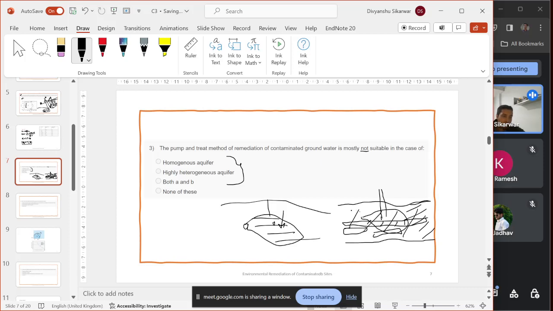The more different types of soil we have, the more things will vary. Clay is porous but not permeable, right? It does not have interconnecting voids.